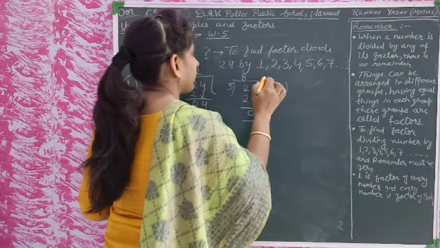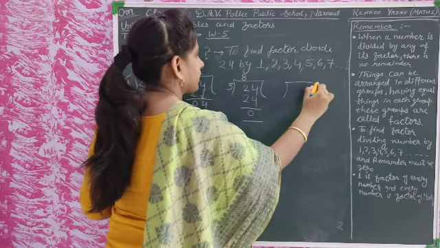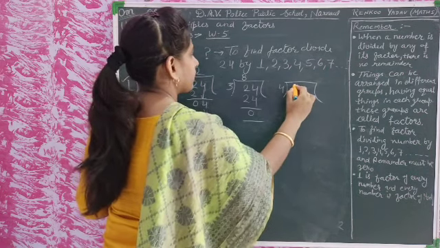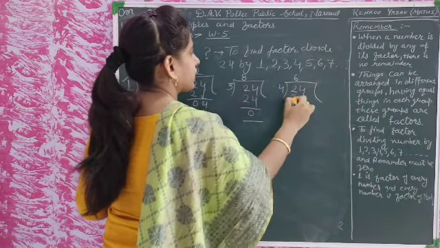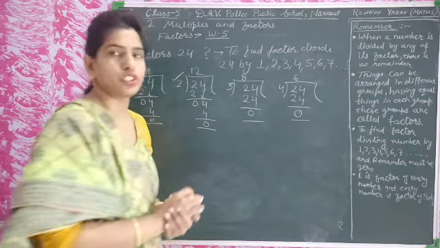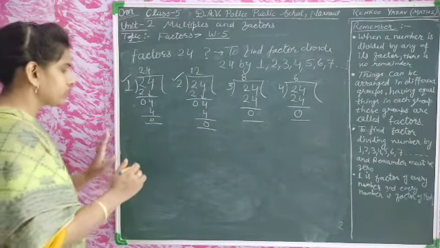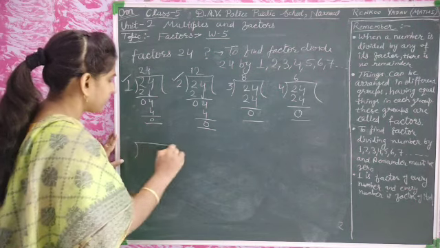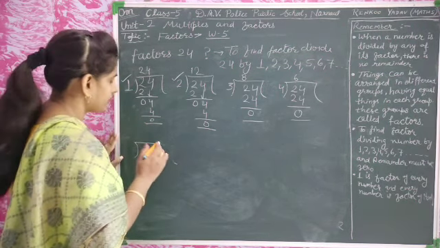Now dividing by the next number, 4. 4 6s are 24 here. There is the remainder 0.